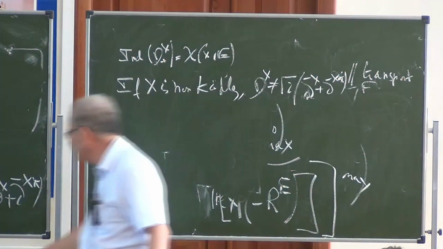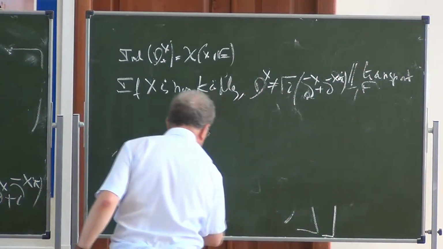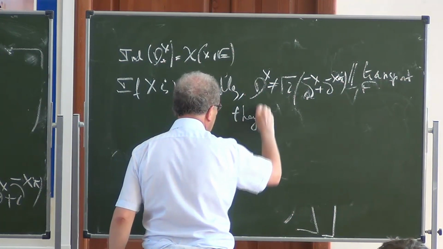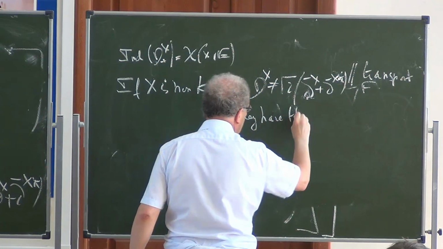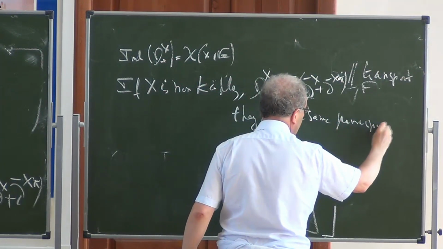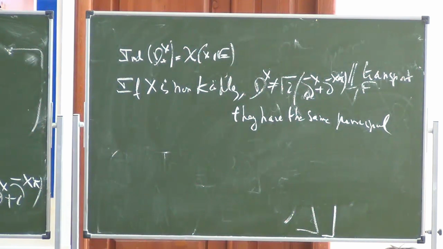They have the same principal symbol, and since the index is a homotopy invariant, you can use the Atiyah-Singer index theorem again.